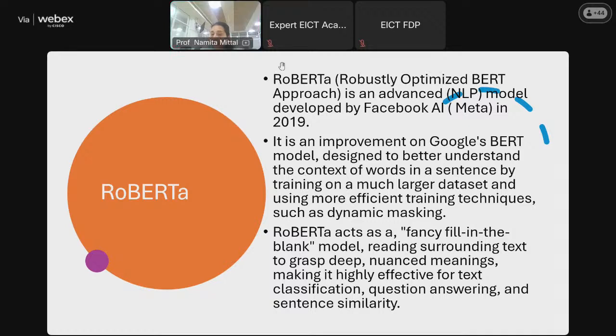It reads the surrounding text to grasp the deeper nuanced meaning, making it highly effective for text classification, question answering, and sentence similarity. Why do we do text classification? An example is spam or benign, right? Spam and non-spam. If a mail is sent to you, you would like to know whether it is good for you or not.